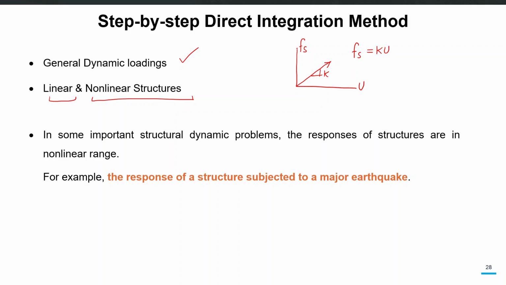For example, if the force is so high that the structure cannot resist, then this line may become horizontal, or even go down near the collapse of the structure.